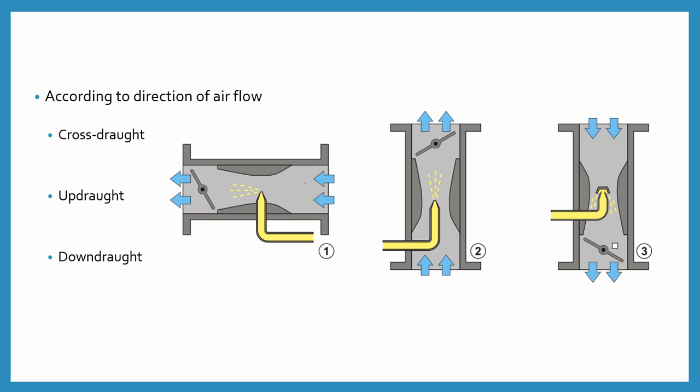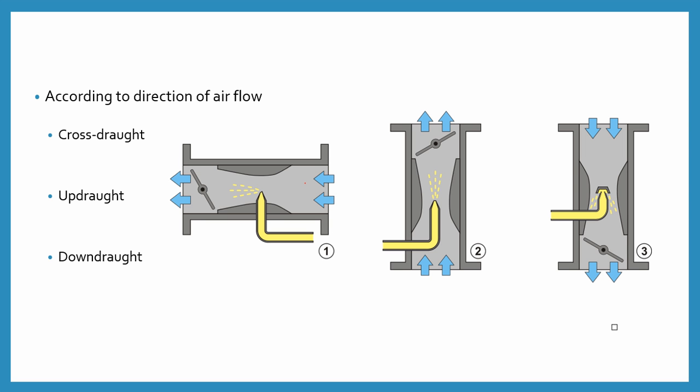Then coming to the third one, which is called the downdraught. When we are talking about the design of a downdraught carburetor, air enters from the top and leaves from the bottom.